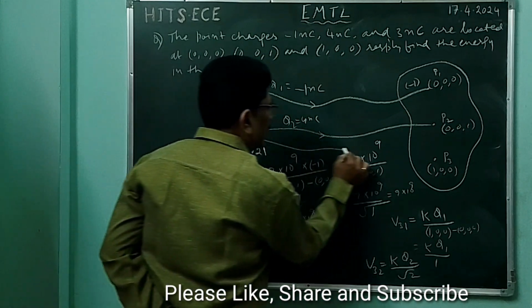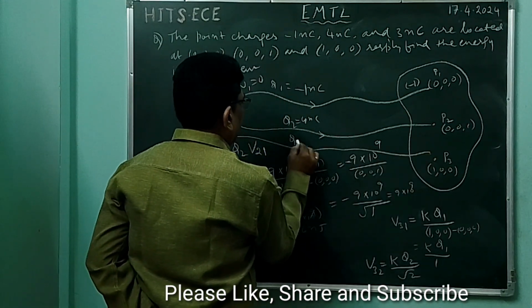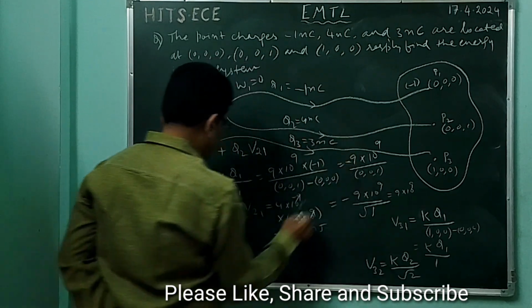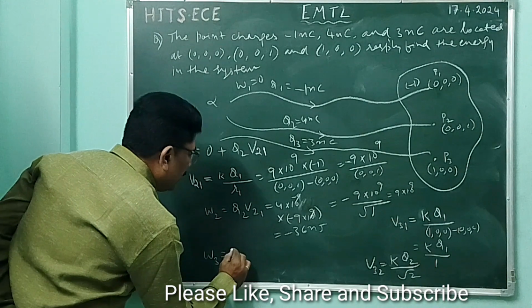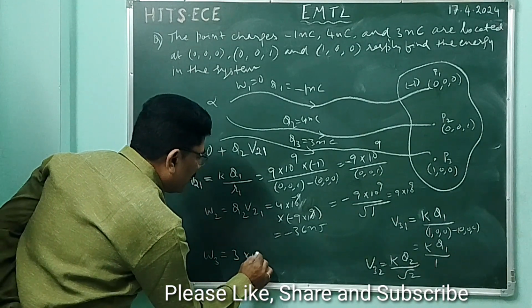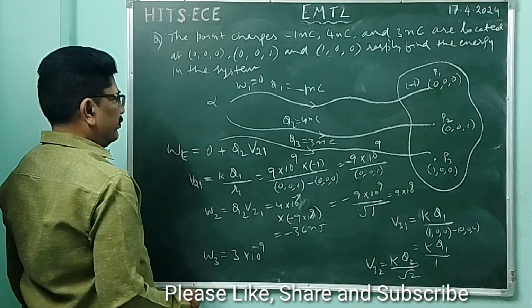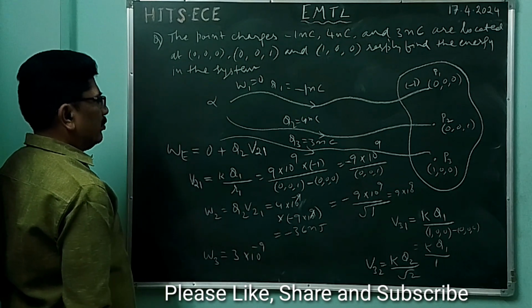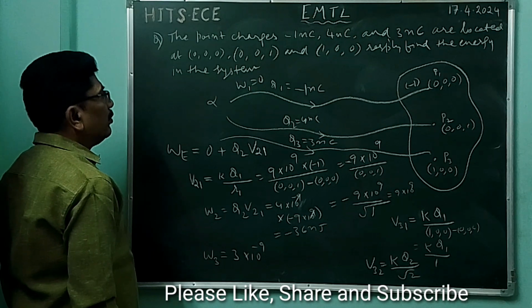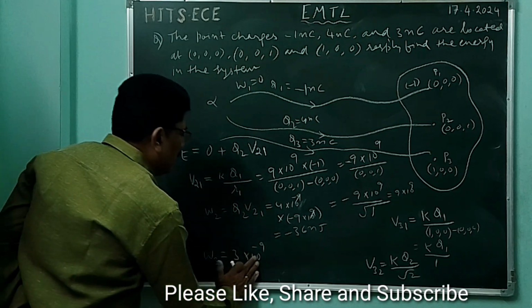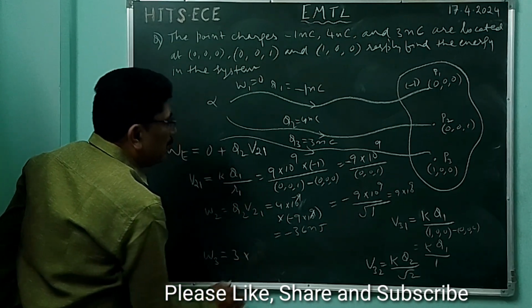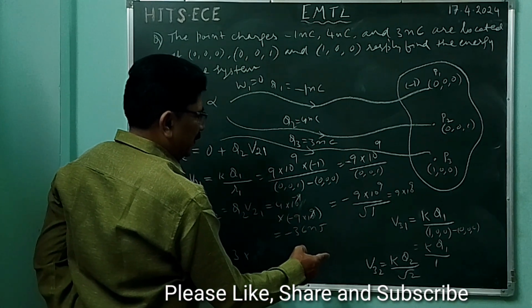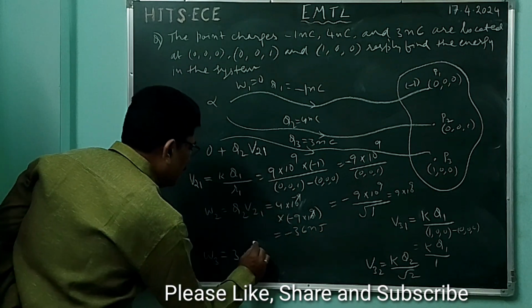So W3 is equal to Q3 into V31 plus V32, where Q3 is 3 nanocoulombs.